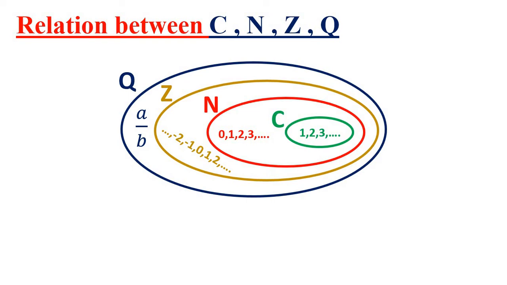In whole, we can say Q contains all of them: C subset of N, N subset of Z, and Z subset of Q, all of them subsets of Q.